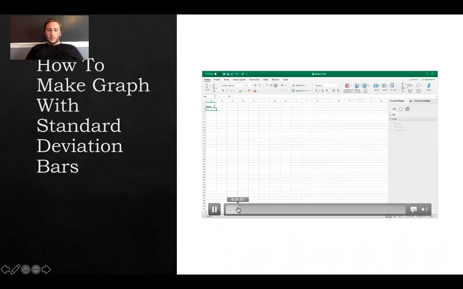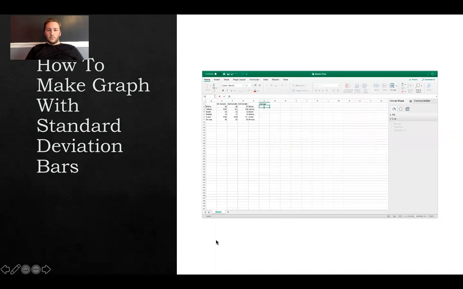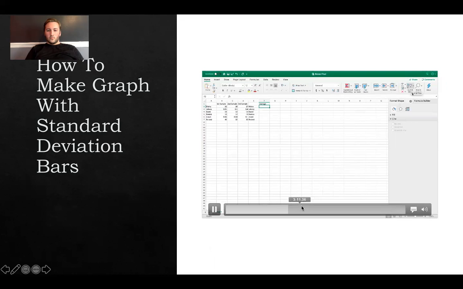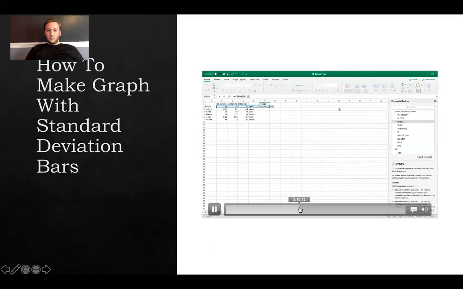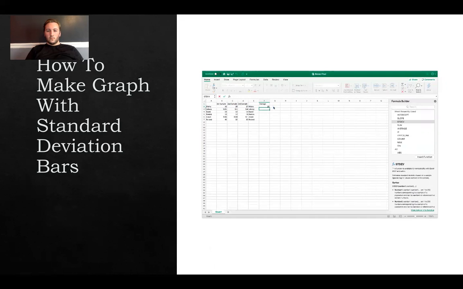I'm going to click ahead as I just enter in the information right now. And here we're finding the average of the 3 antibody samples.